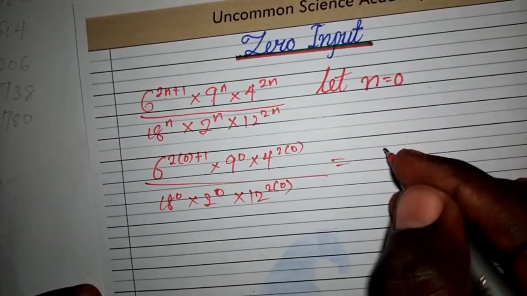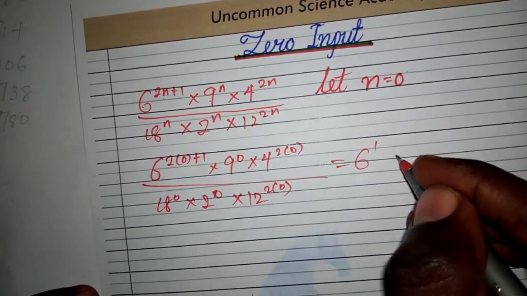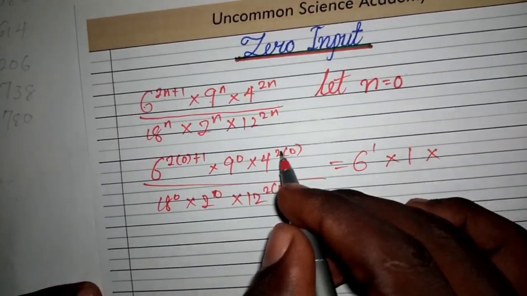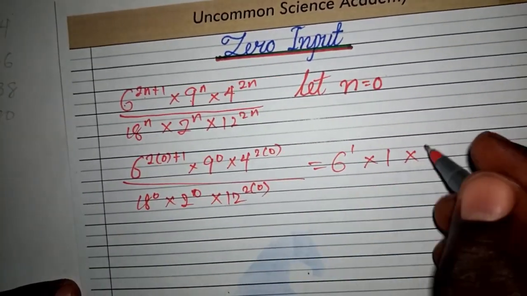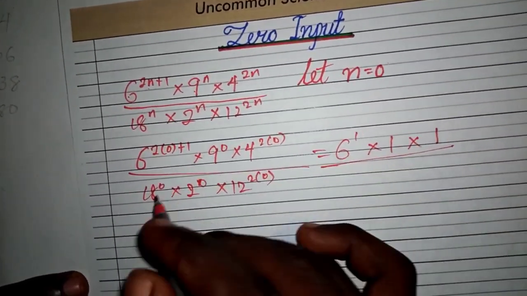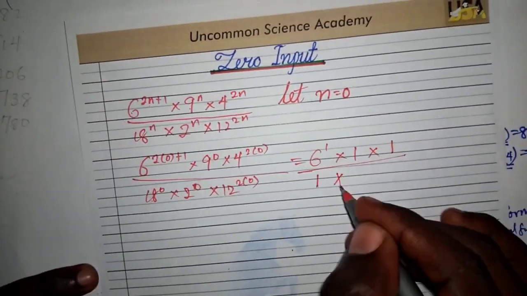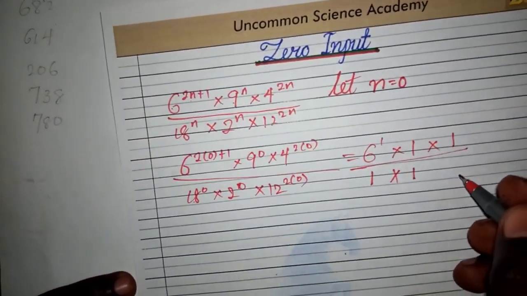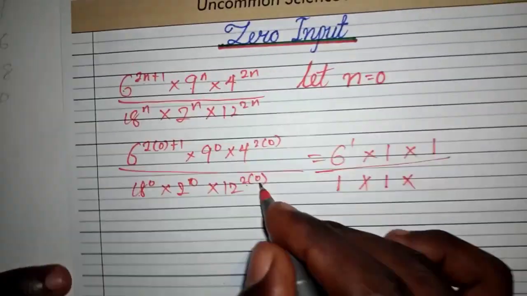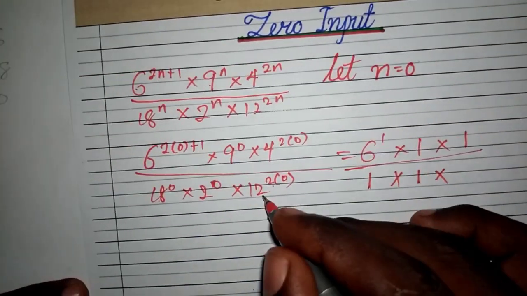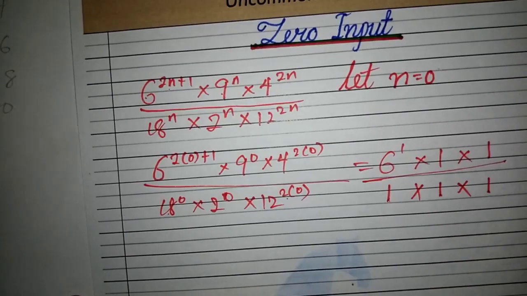You and I both know that this will become 6 to the power of 1 times 1 times 4 to the power of 0 is also 1. Then 18 to 0 is 1 times 2 to 0, which is also 1, times 12 to the power of 0, which is also 1.